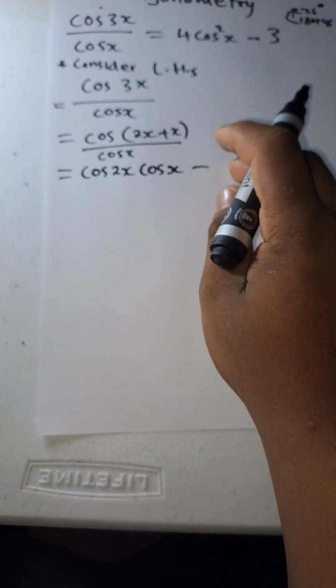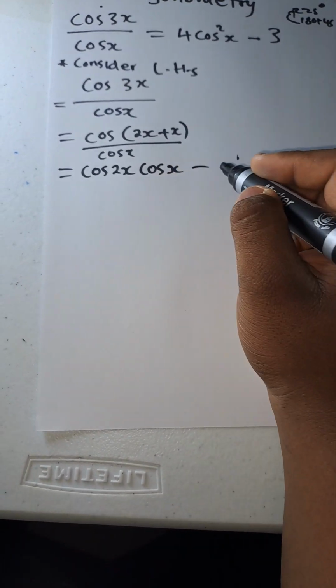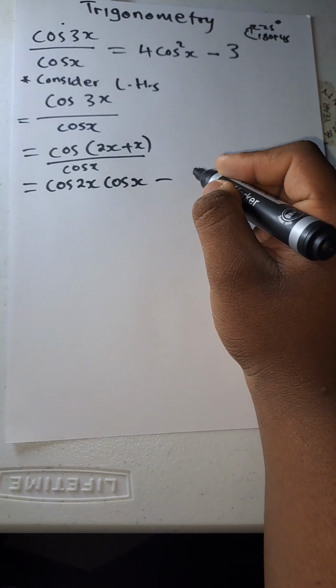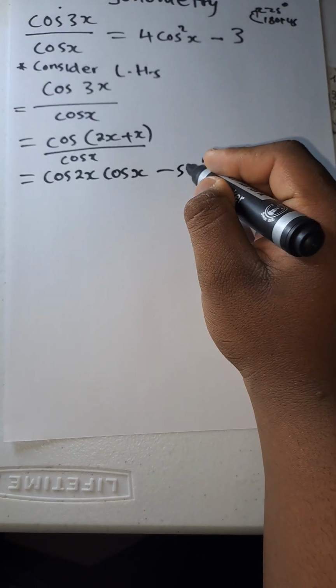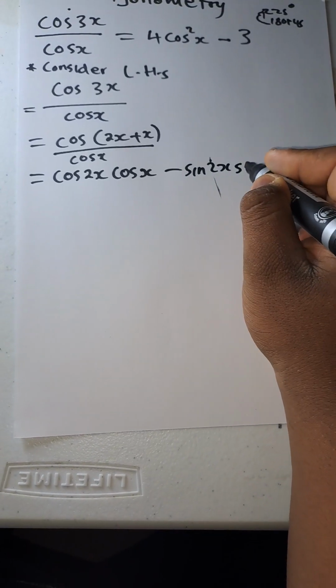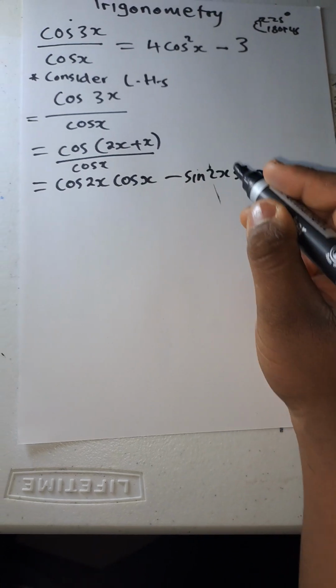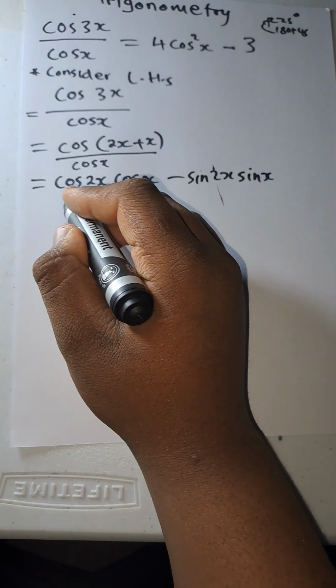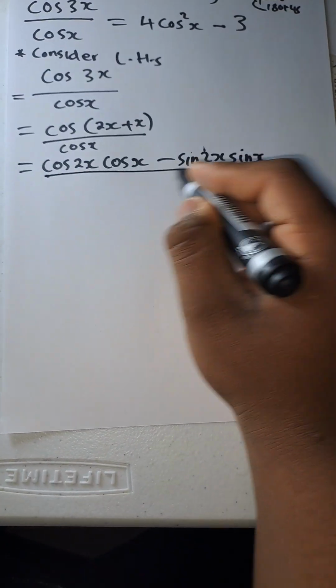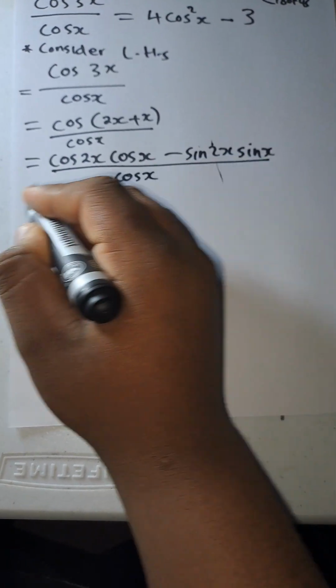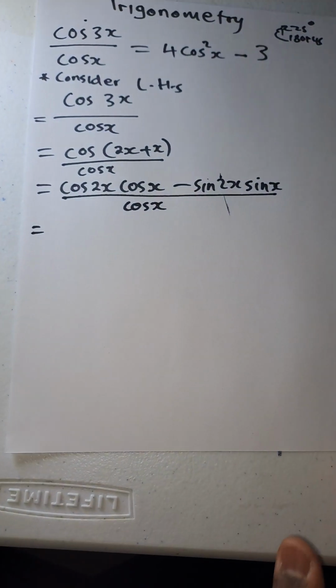Cos doesn't respect the sign. If inside it is plus, cos it is minus. And then it is gonna be sin 2x sin x. Is it fine there? Over cos x. Are we fine there?